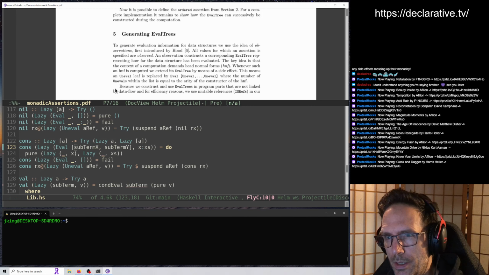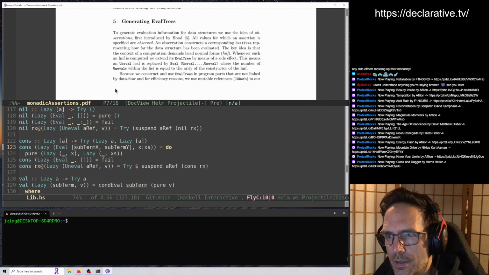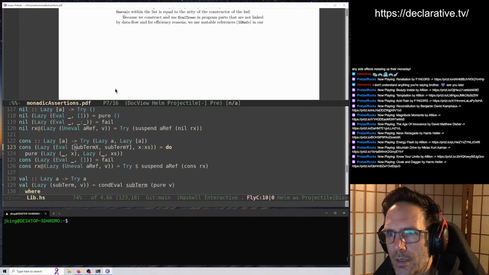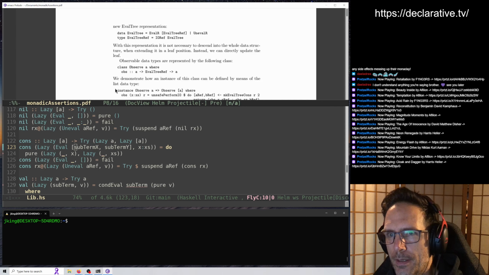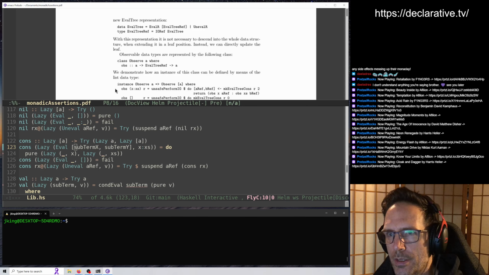Because we construct and use eval trees in program parts that are not linked by data flow and for efficiency reasons, we use mutable references in our new eval tree representation. With this representation, it is not necessary to descend into the whole data structure when extending it in a leaf position. Instead, we can directly update the leaf.